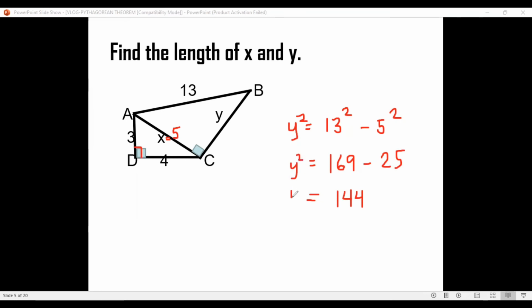But we are only looking for the measure of y, which means that we have to extract the square root of 144, and that results to 12. So x is equal to 5 there, and y is equal to 12. So there is another Pythagorean triple that we can derive from here: 5, 12, 13.